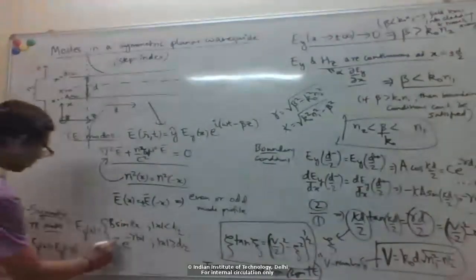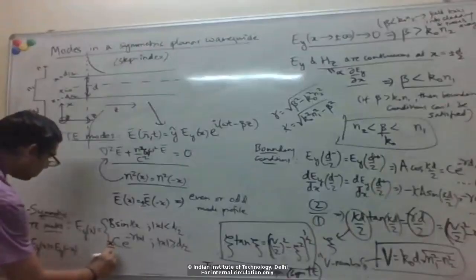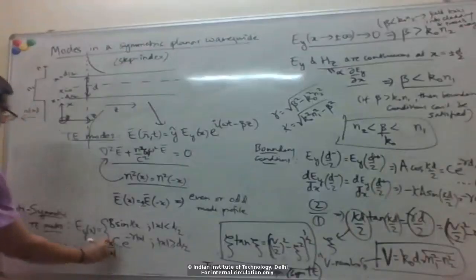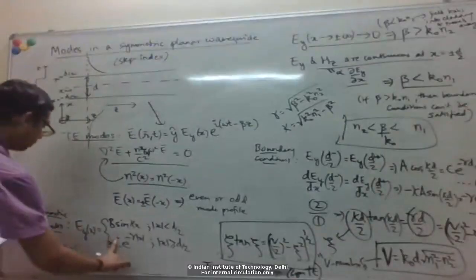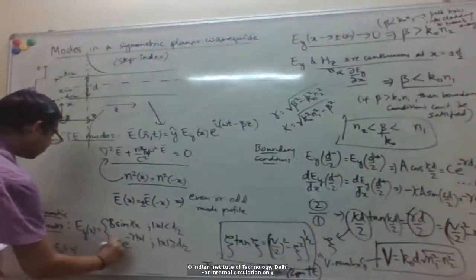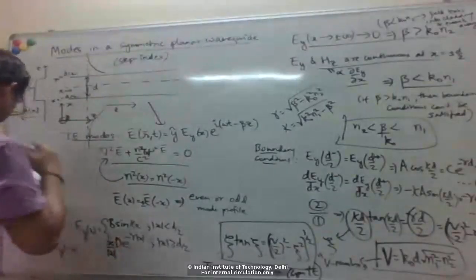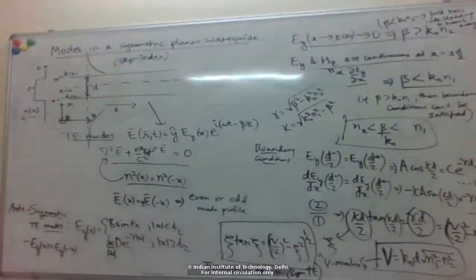And then in the cladding, this is an odd function now, so there's a sign of x here. And let's call this d. Okay, so that would be the anti-symmetric modes.